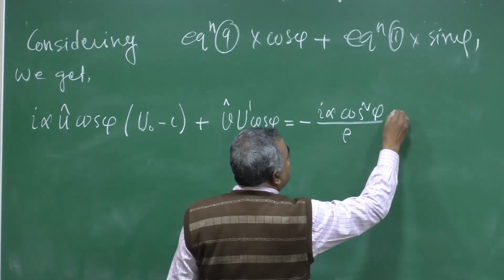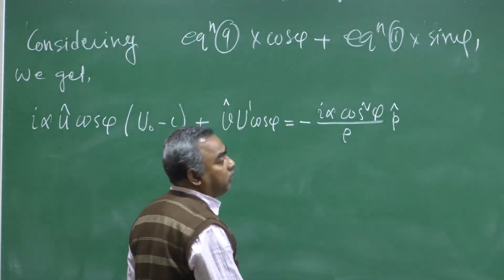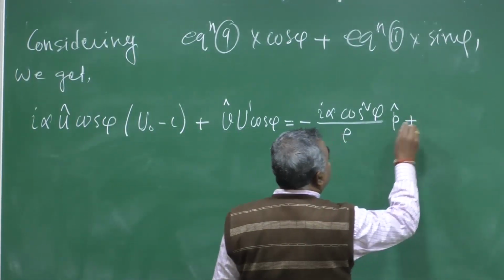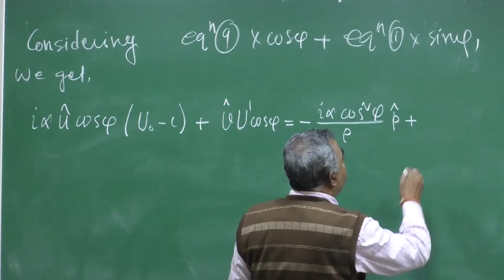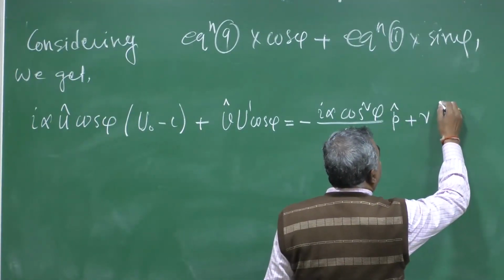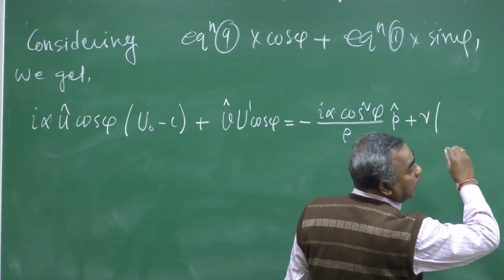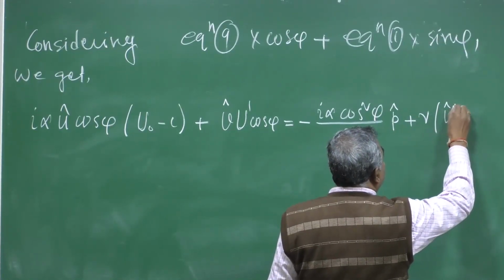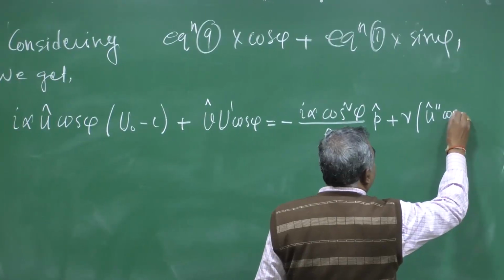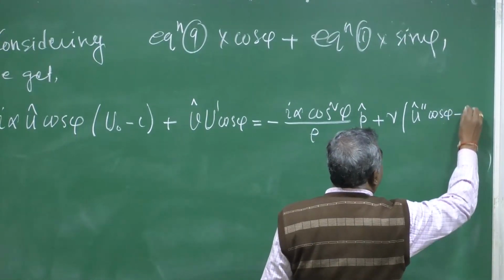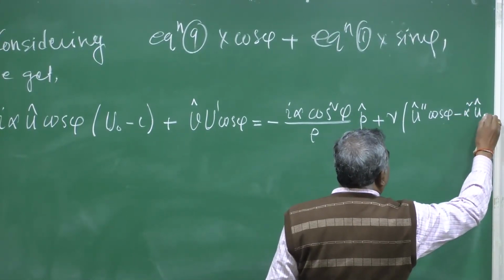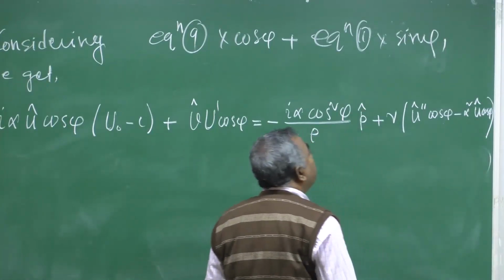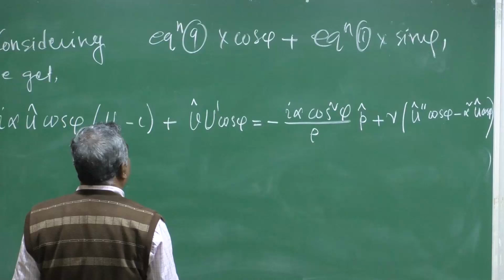by rho p hat, right, plus nu, and this is going to be u hat double prime cosine phi minus alpha square u hat cosine phi. Okay. So, sorry.